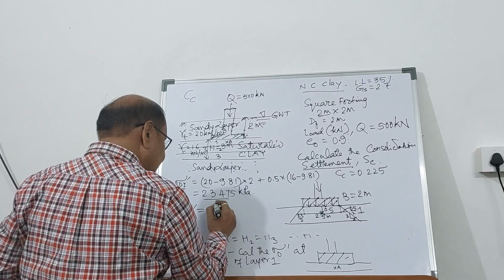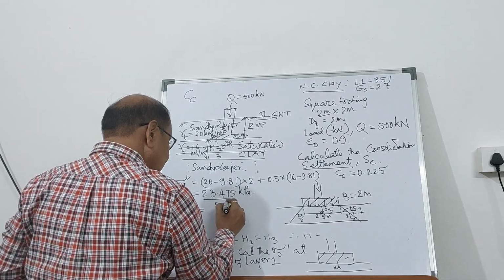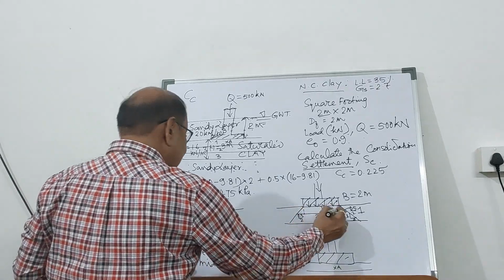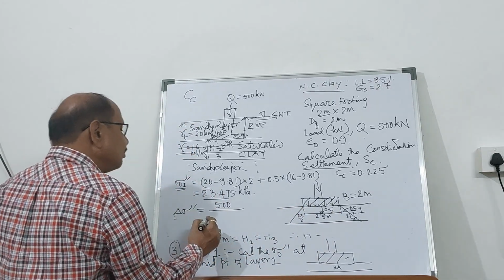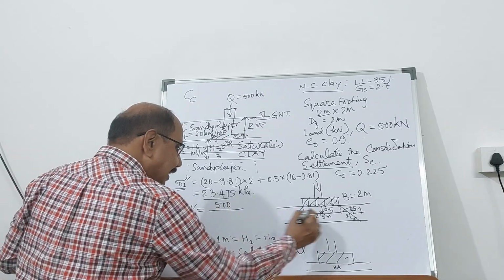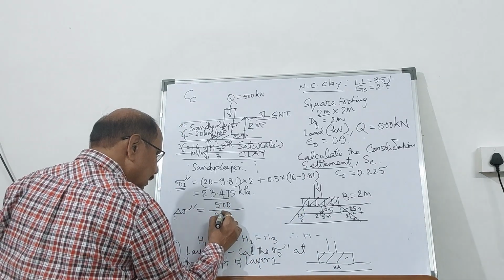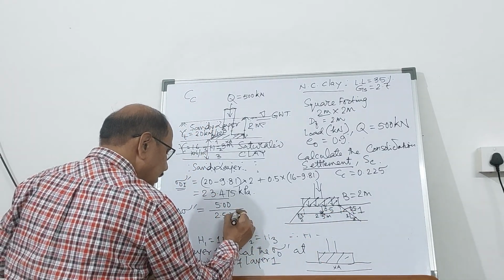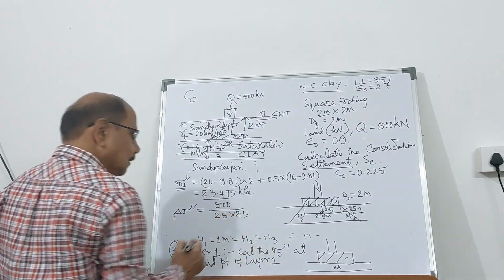So due to this external loading of 500 kilonewton, what is the increase in effective pressure that can be calculated? So this is the load, and the area here is going to be 2.5 meter at the midpoint multiplied by 2.5 meter.